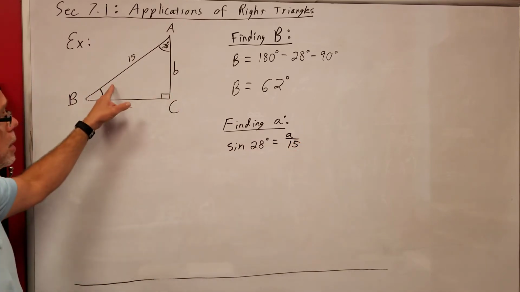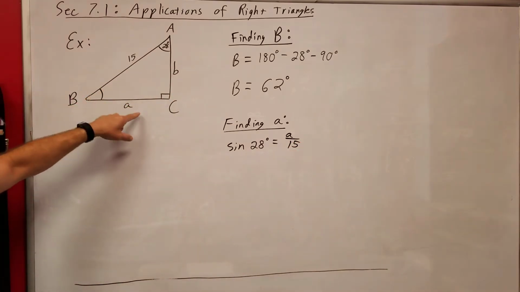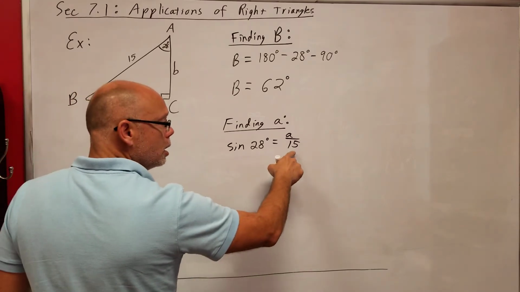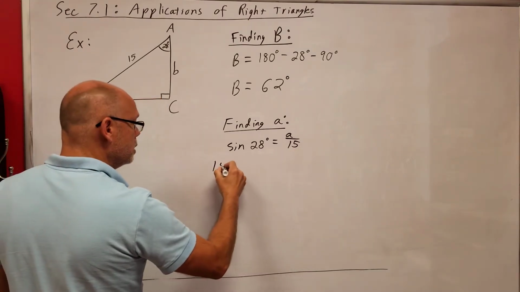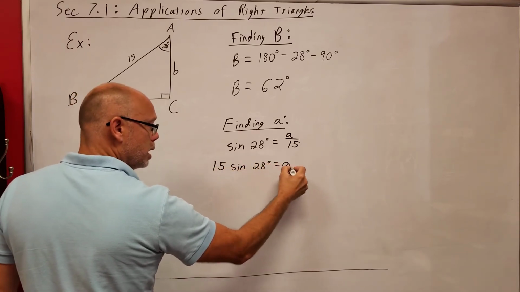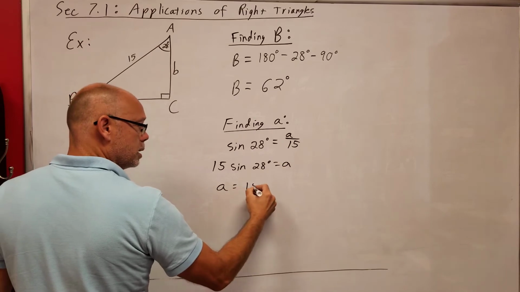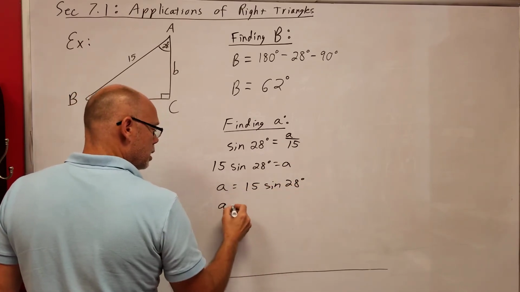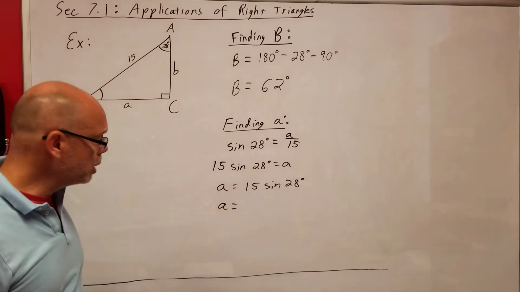Now you could have used this 62 angle and used cosine and so forth. But either way, you'll get there. All right, let's multiply both sides by 15. So we have 15 times the sine of 28 degrees is equal to a, or a is equal to 15 sine of 28 degrees.